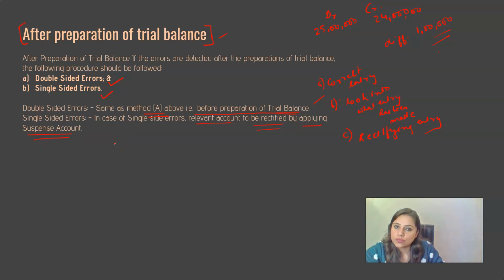This difference of 1 lakh is then transferred to the suspense account, and by further scrutiny, once you start analyzing and identifying the errors in the trial balance and rectifying such entries, if a single-sided error is identified, for instance, a particular asset account that has been wrongly credited, that asset account would be debited, and the credit impact which has to be reversed would be reversed from the suspense account.